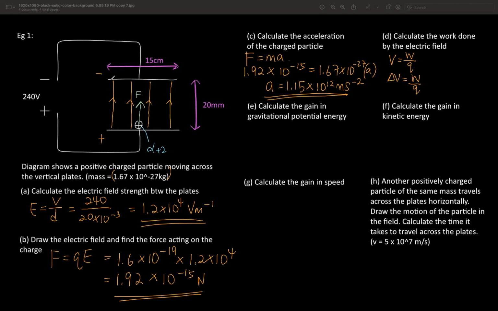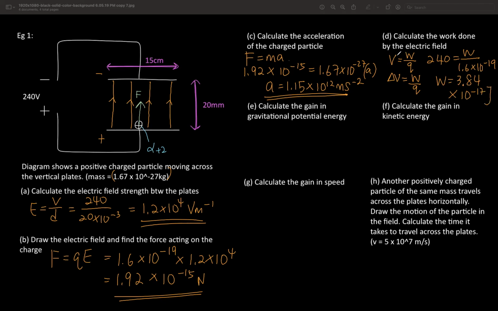So the potential difference between these two points is the work done to drive one unit of charge across it. Since we already know 240 equals W over 1.6 times 10 to the power of minus 19, we calculate the work done. Work done is 3.84 times 10 to the power of minus 17 joules.